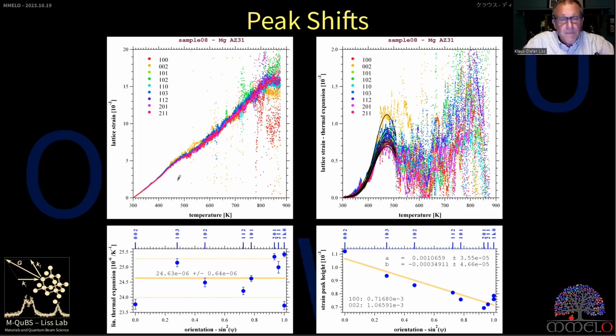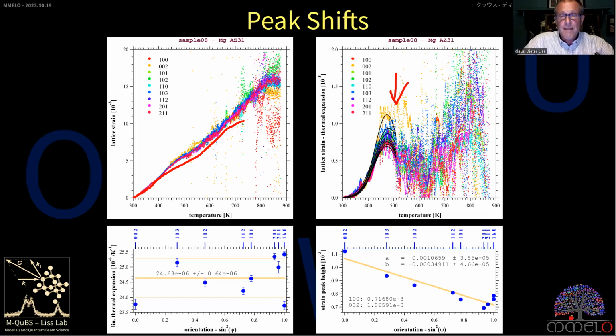But if we extrapolate this straight line, we get a bump. So I removed the straight line, the 24.63 times 10 to the minus 6, from the data and got this figure on the right, with the bump in thermal expansion.